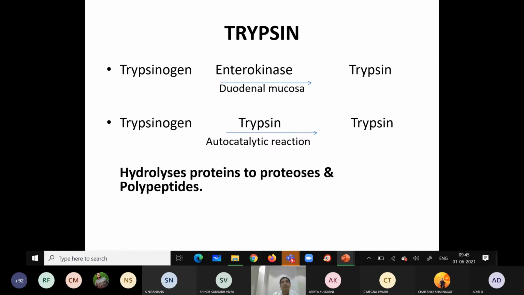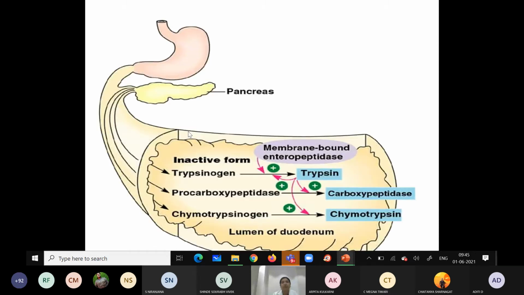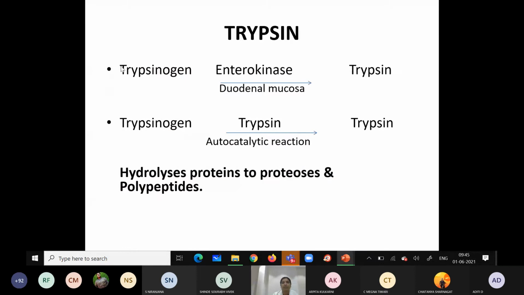Now we'll see quickly, you all know these trypsinogen forms are the inactive forms of these protein enzymes, and they become active in the ductal portion, not in the acinar cell. In the ductal portion, the main activating mediator is enterokinase or enteropeptidase, which is present in the duodenal mucosa and converts the inactive form into the active form. Once trypsin is formed, it causes an autocatalytic reaction; auto means self-activation.